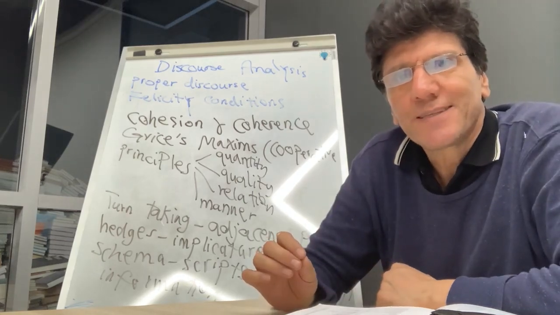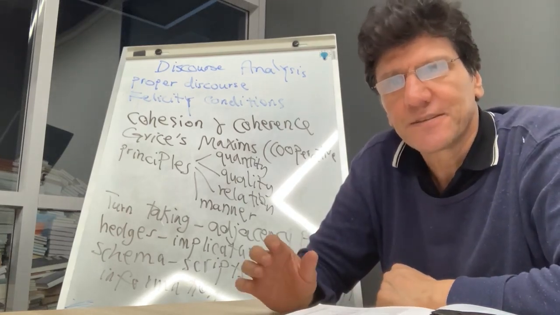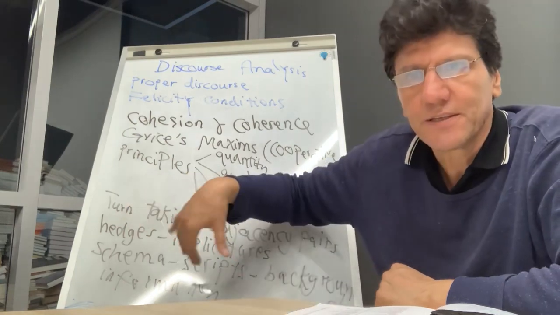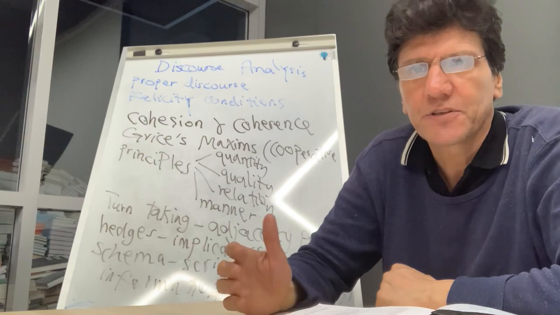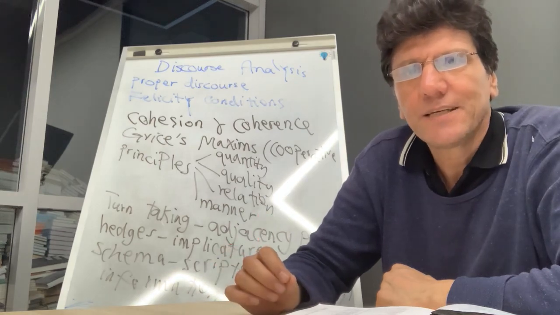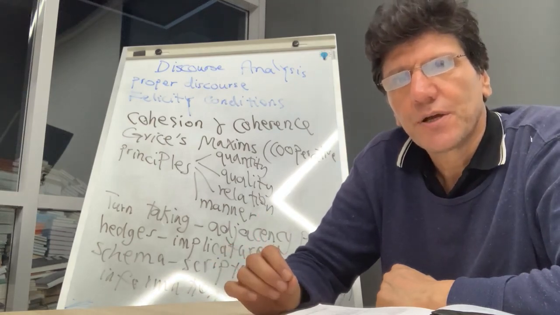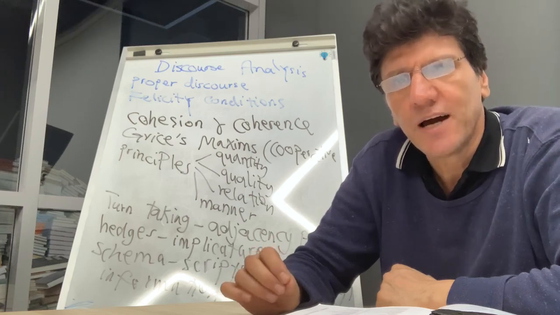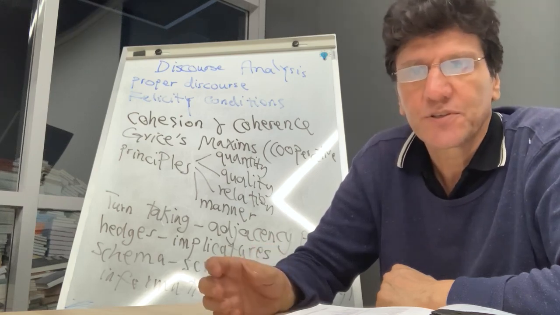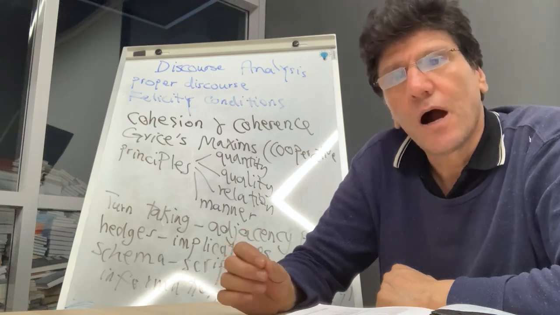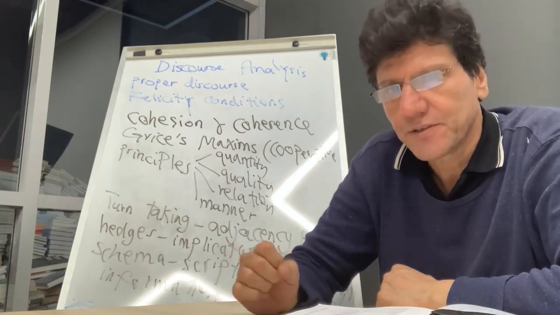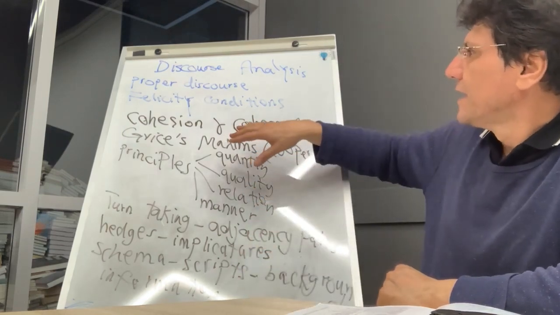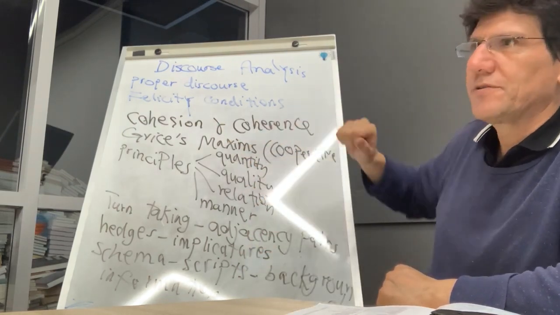So when a discourse is felicitous, by definition, it includes all these conditions and regulations, and the ideas and the information are successfully, meaningfully shared between the interlocutors. Interlocutors are speakers and listeners. Getting back to this part, cohesion and coherence.